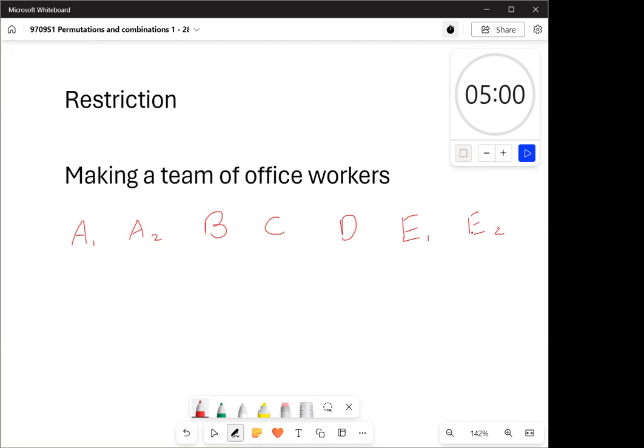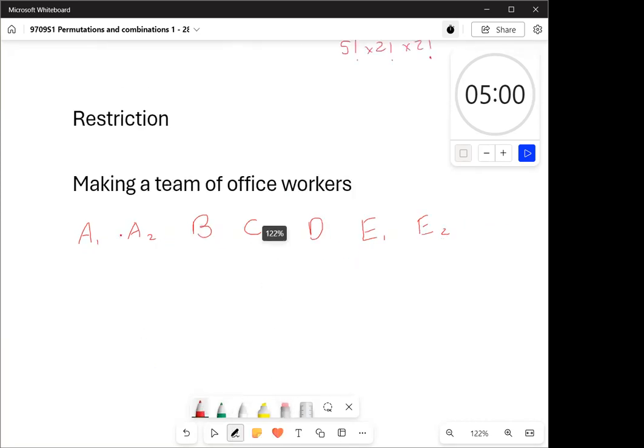Now let's imagine A1 and A2 are married, and E1 and E2 are couples, and B, C, D are just single, lonely. Okay?